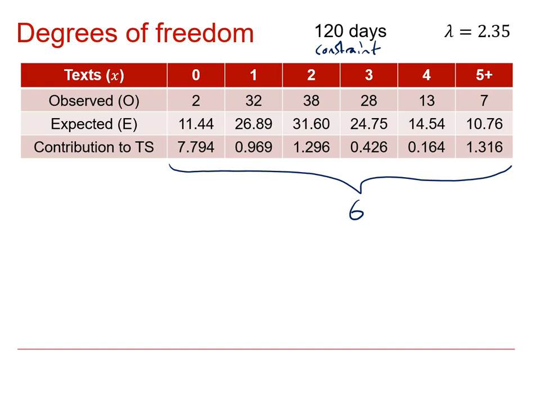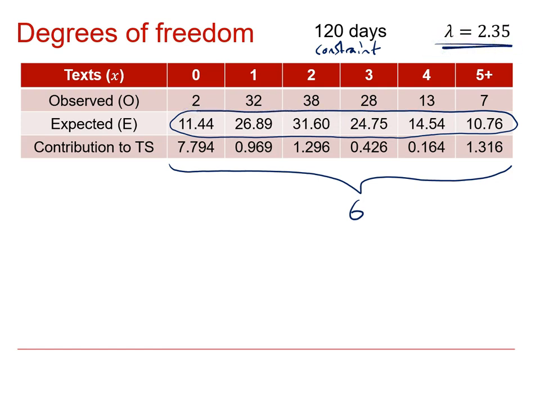That means that this data not only has to have expected values adding up to 120, they have to have expected values with a mean of 2.35. So that is a second constraint. So our degrees of freedom nu is equal to 6 minus 2 constraints, which is 4.